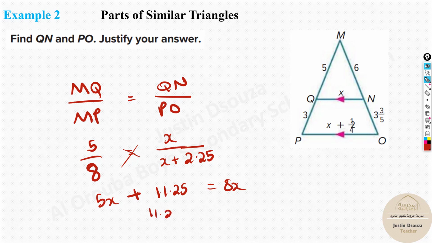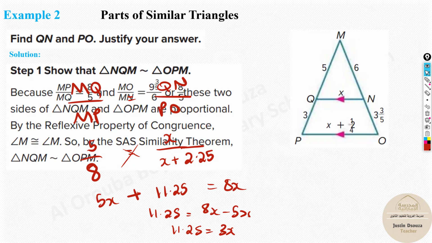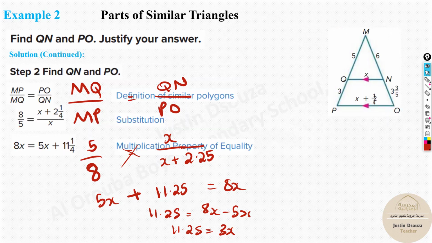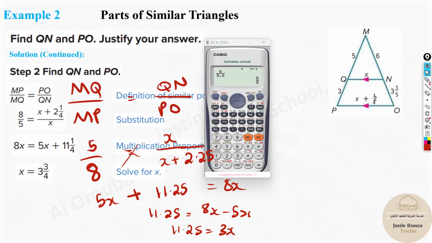It equals 8x minus 5x. 11.25 equals 3x. Divide both the sides by 3. You will get the answer of x. That is, the answer of x is 11.25 divided by 3. Okay. Now we can use a calculator and solve it.